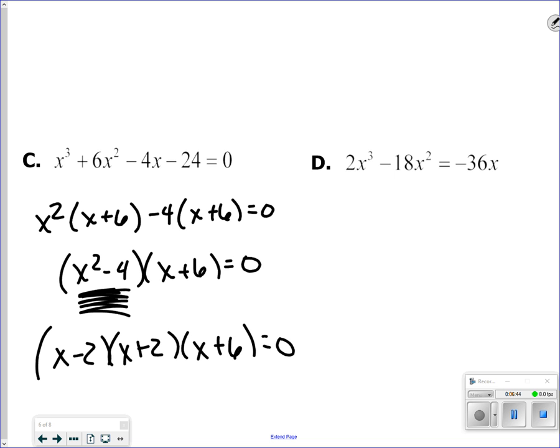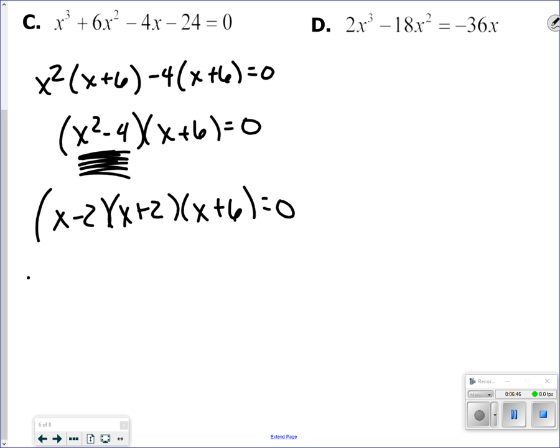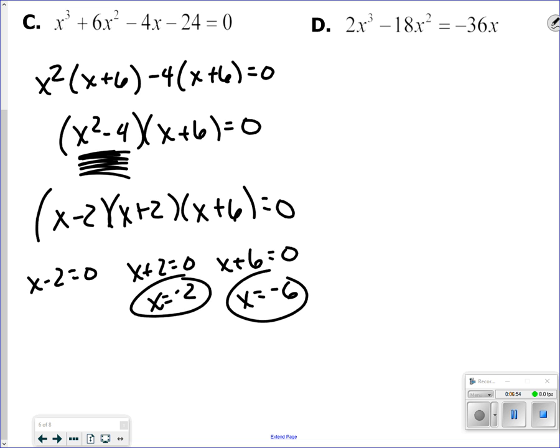So I actually have 3 parentheses for this one. x minus 2 equals 0, x plus 2 equals 0, and x plus 6 equals 0. And I solve each of those. So again, make sure to factor completely, and once it's in factored form, then you're going to solve.